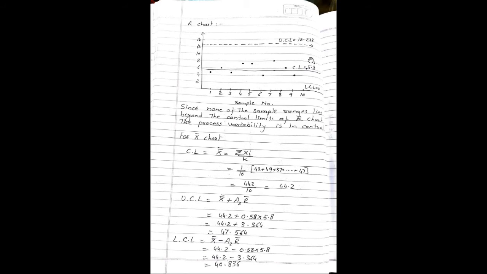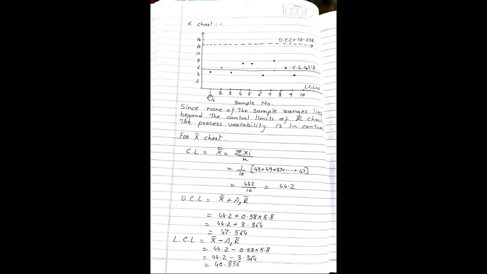Now see the first values of range: 5, 6, 5, 7. So first sample 5, second sample 6, third sample 5, fourth sample 7. This way we will draw. Then 7, 4, 8, 6.